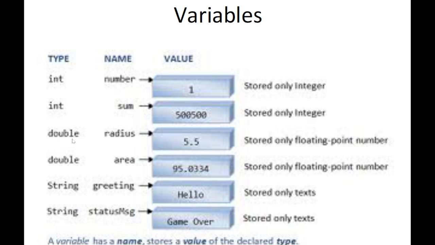Double is used to store floating point numbers, as you can see, the decimal numbers with the decimal point in there. Depending on the compiler, the double can be 4 bytes or very commonly 8 bytes long. So again, the int, depending on the microcontroller or the environment, can be 2 or 4 bytes, and the double can be 4 or 8 bytes depending on the microcontroller and the development tools you're using.